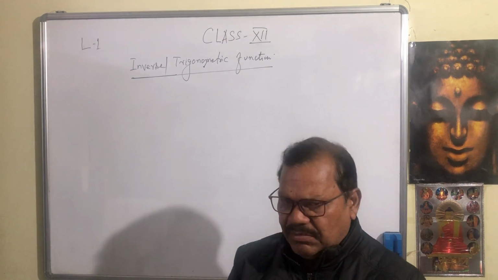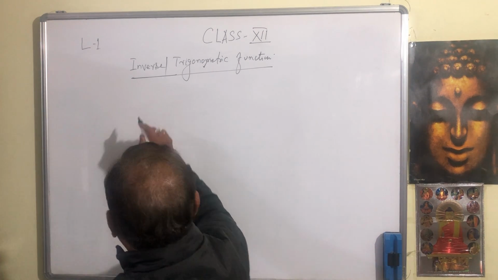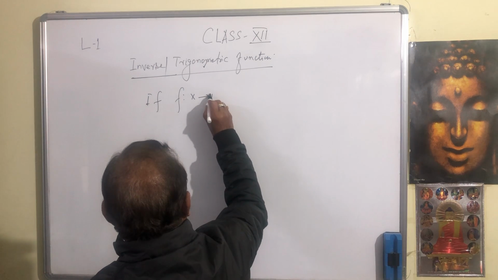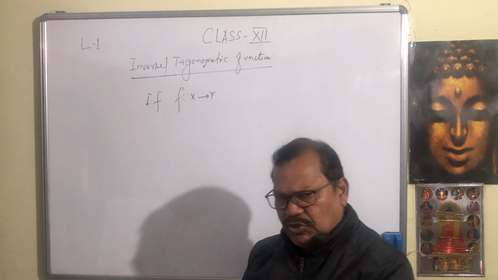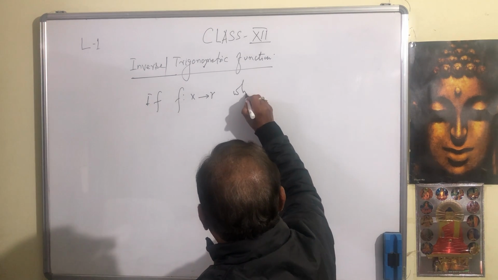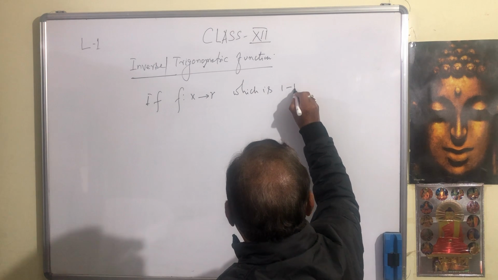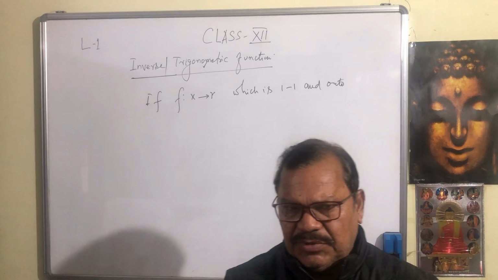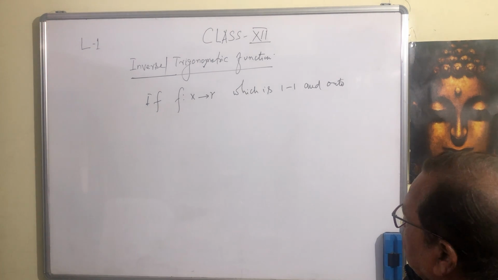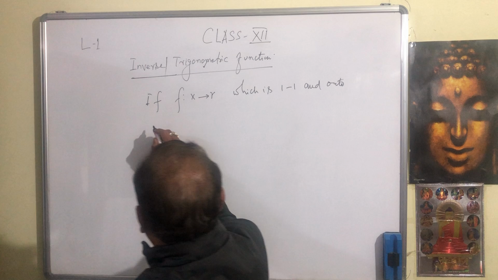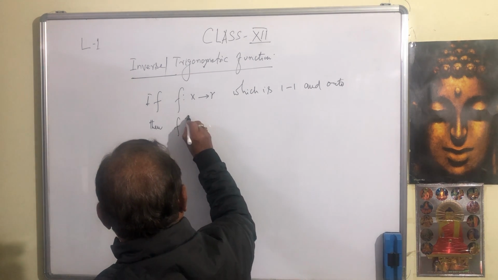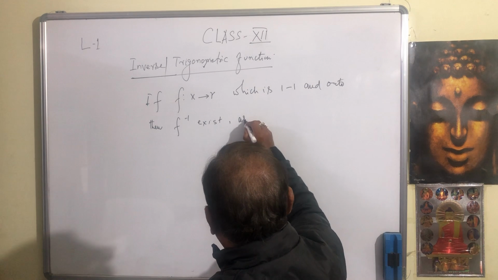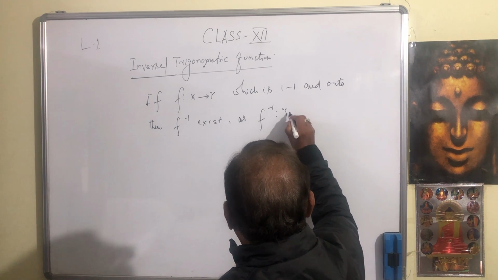So let us see once again as a review that if f is a function from x to y, which is 1-1 and onto, then f inverse exists, as f inverse from y to x.